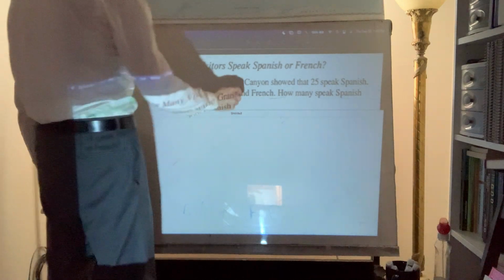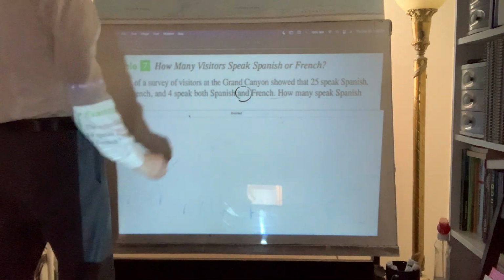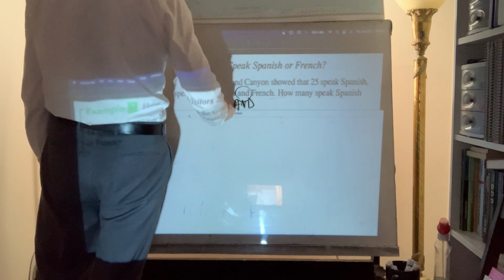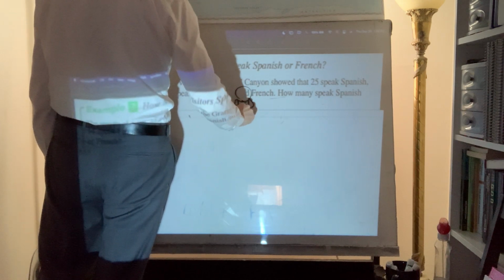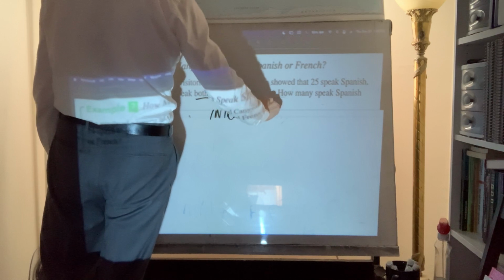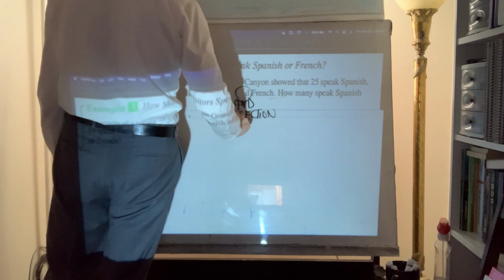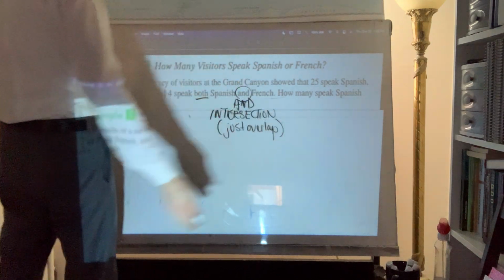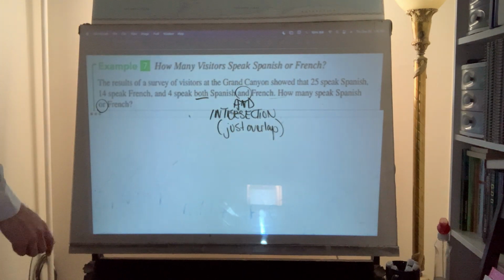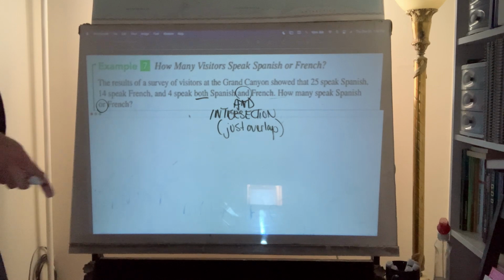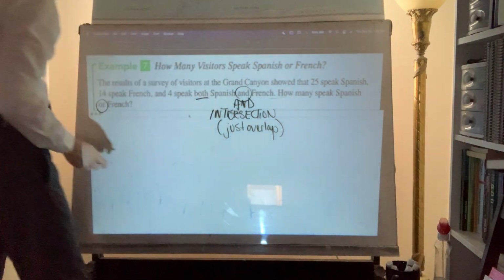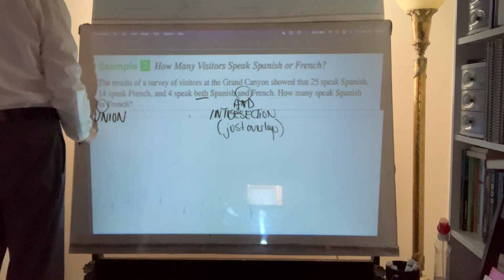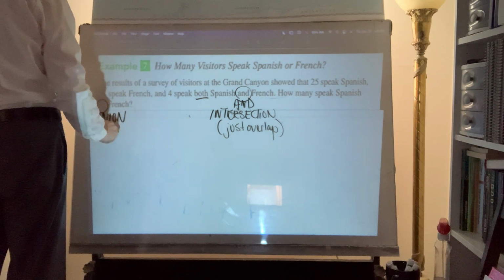When you see the word "and" in here, both Spanish and French, you're referring to an intersection in a subtle way, which means that this is just the overlap of these two sets of people. If you're asking how many speak Spanish or French, this is referring to a union, which is all of both.